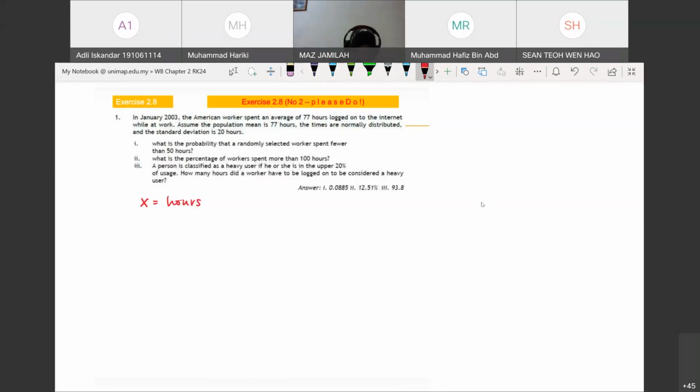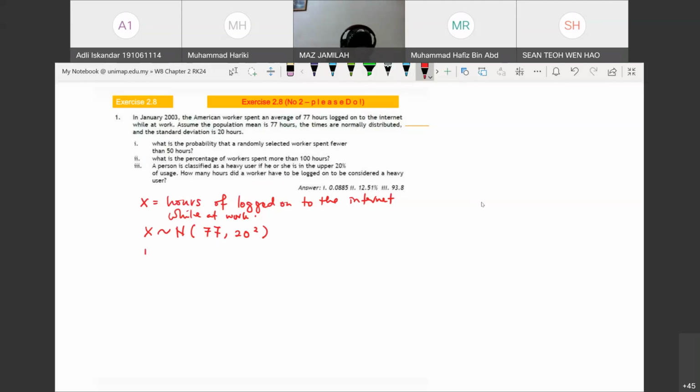So X is distributed with a normal probability distribution with the mean value of 77 and the standard deviation of 20, right? Okay, so let us look at the first question.